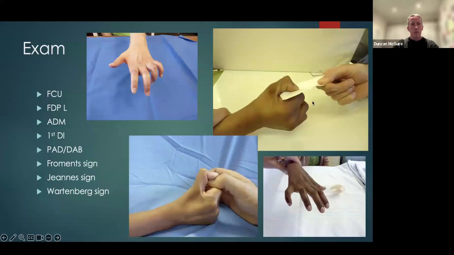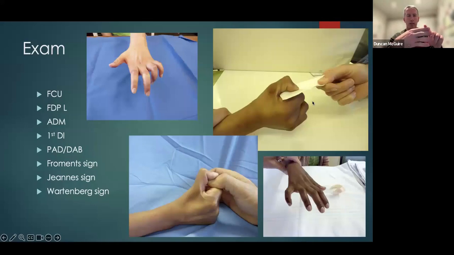To test the first dorsal interosseous, the way I like doing it is you get the patient to stick their hand out in front of them. You hold the hand with two hands, ask them to lift the finger up to the ceiling, and then with your other hand you push down with your index finger.